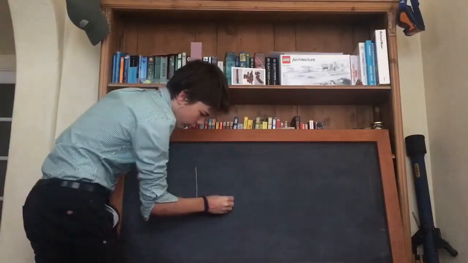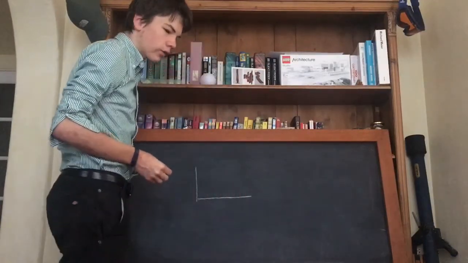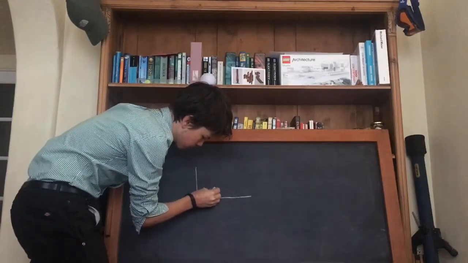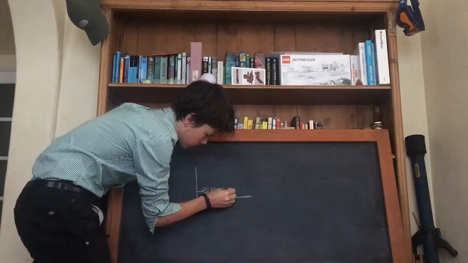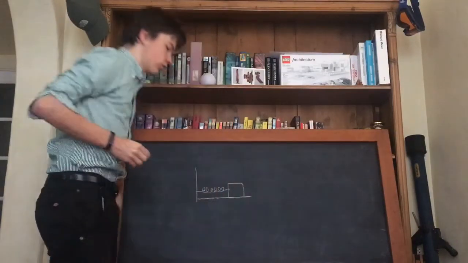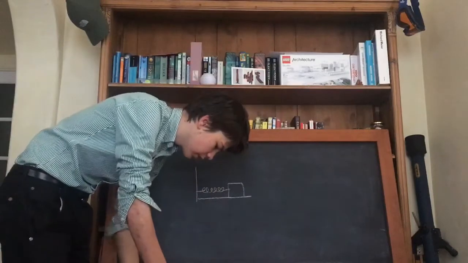So let's start off with the oscillating spring on its side. We're going to assume this is a frictionless surface just to make it a little bit easier.